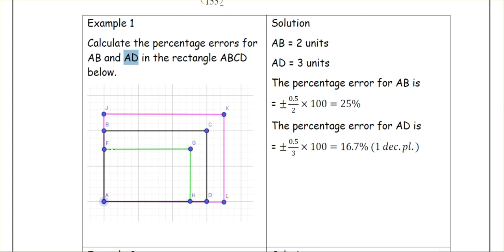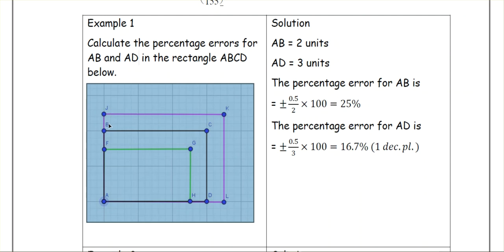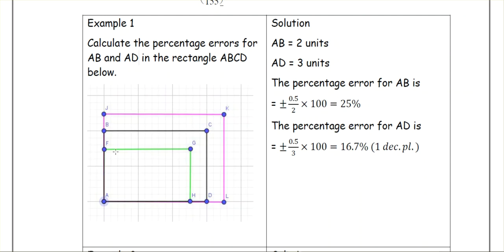So green is the smaller distance and pink is the larger distance. So we're saying that this is 2 units, could actually be 2.5 or 1.5, somewhere in that range. So there's a little bit of error there.